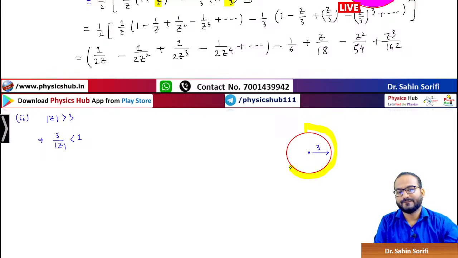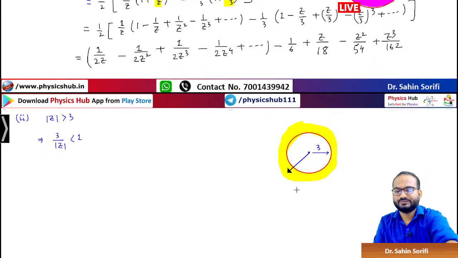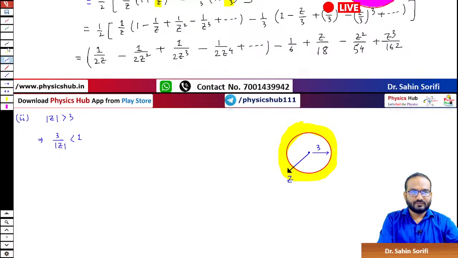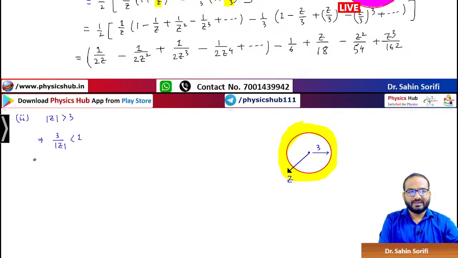Mod z greater than 3, this outer region, like any point here. Is it clear now or not? You will not make any difference in the calculation by looking at the picture, but you get to understand what is actually happening.